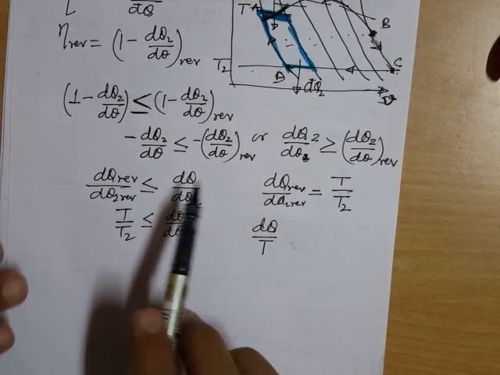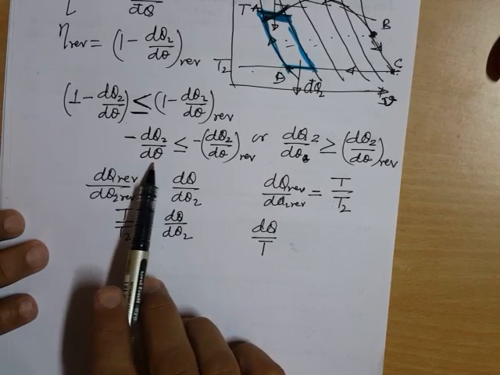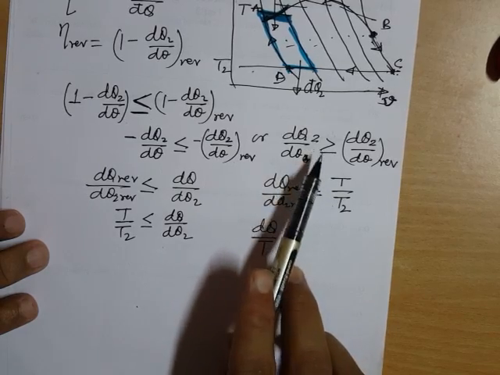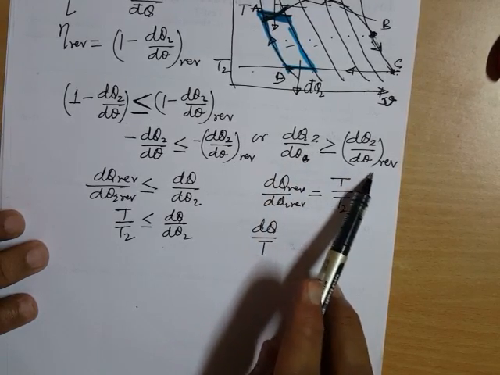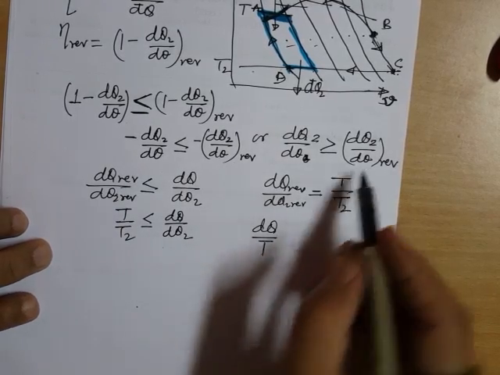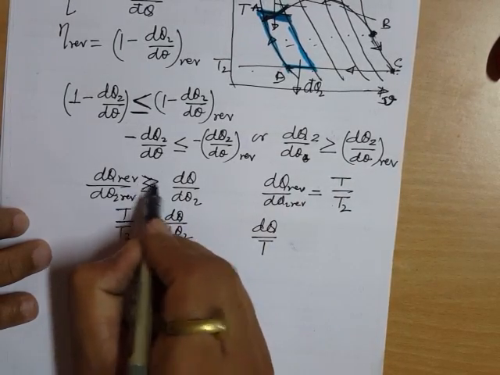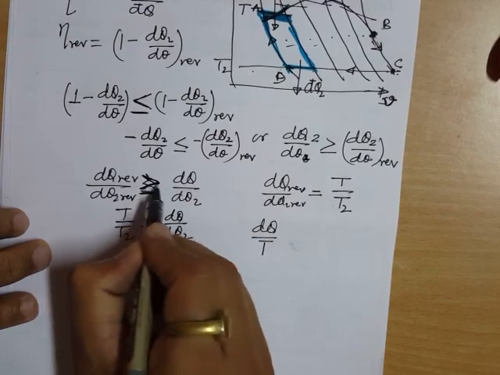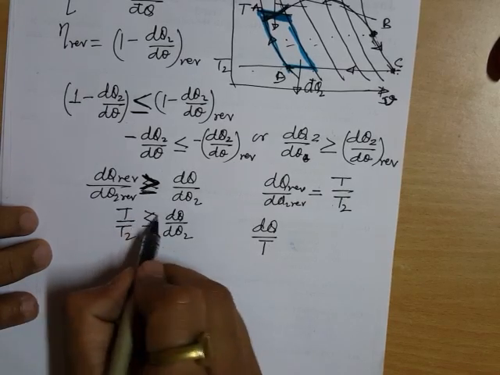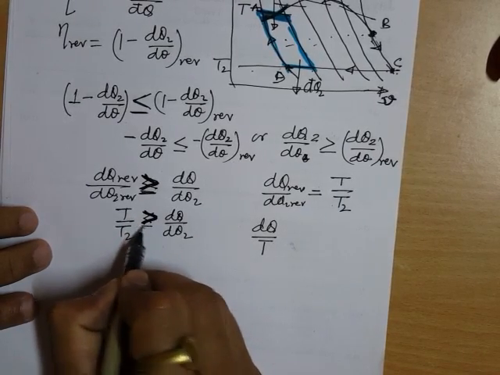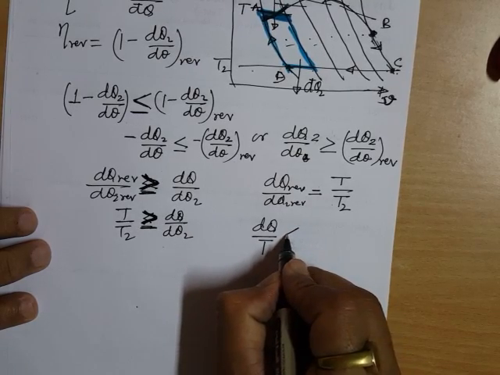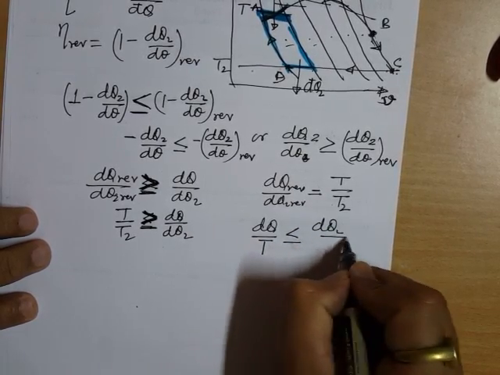I did some mistake, I think, friends. This dq2 by dq is correct; dq2 by dq will be more than or equal to this. So this dq comes here, and if this is the case, then this T by T2 is more than this, or dq by T will be less than or equal to dq2 by T.